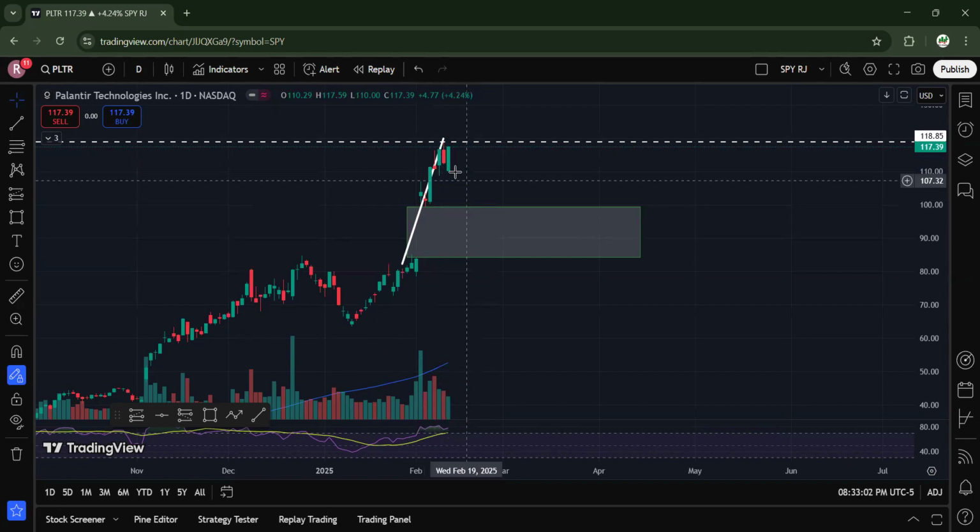Some people might want to try to play the all-time high, but I would look for a setup. I would look for some type of pullback. Hope that makes sense. We're using basic principles to put probability in our favor.